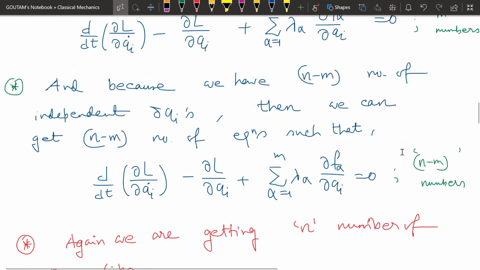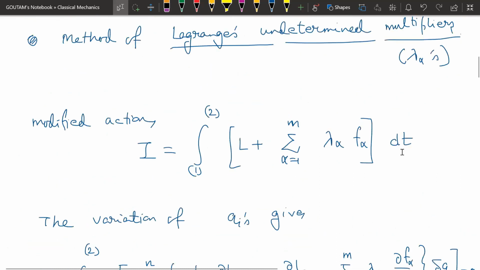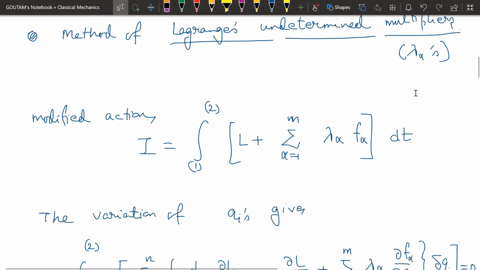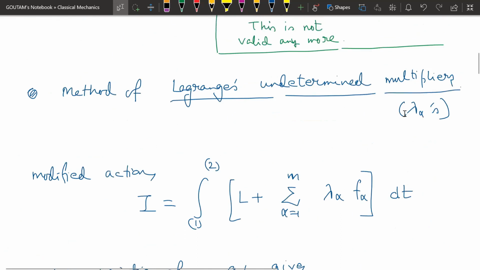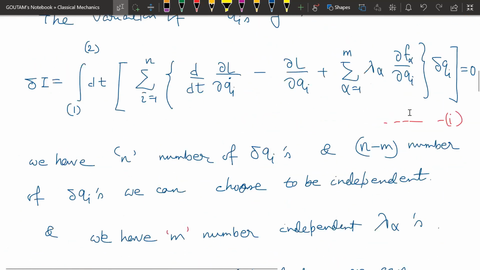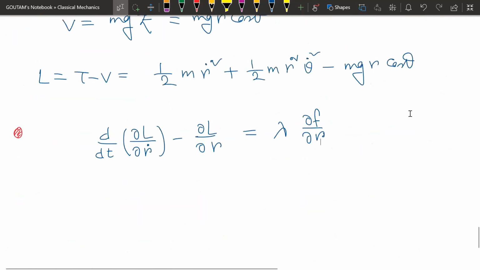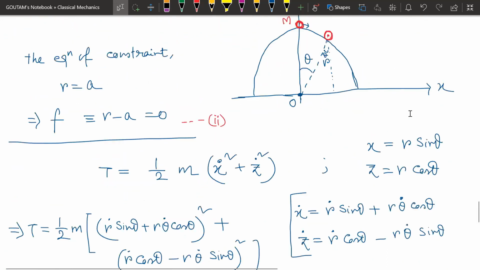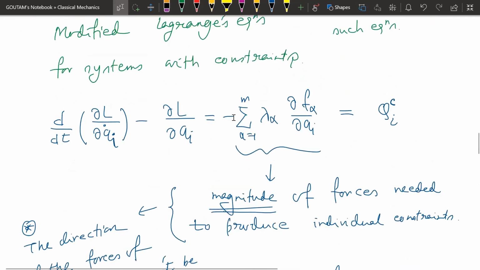So these lambdas are called the Lagrange's undetermined multipliers. For each constraint equation, we will get one lambda. Here you can say, okay, there is a minus sign here, but we can take this minus sign with lambda.